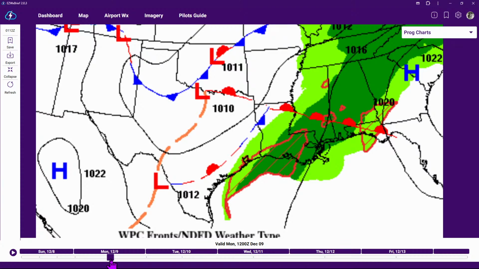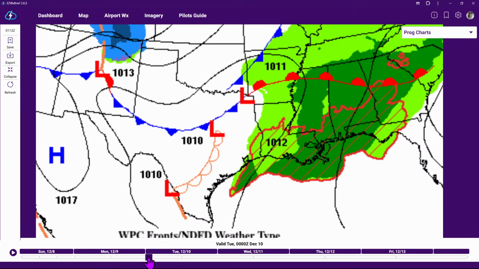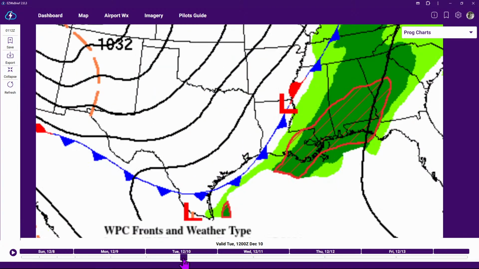And we do notice that eventually that does move through with time, and then all that convection moves a little bit further to the east, where the area of our departure airport certainly becomes a little bit more significant in that region as that whole weather system moves through.